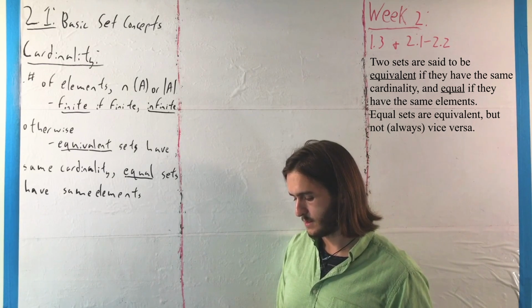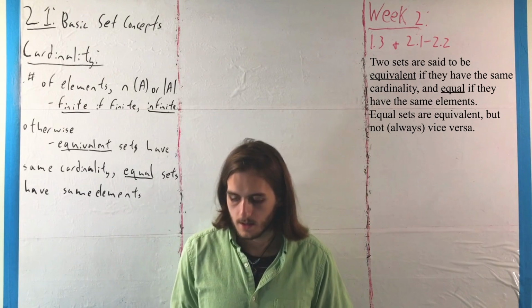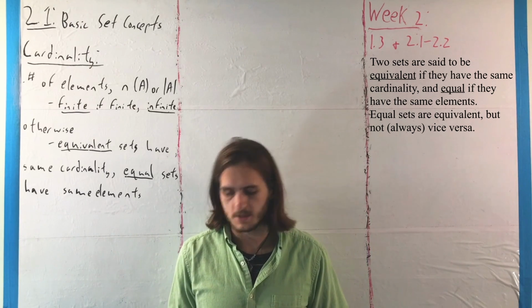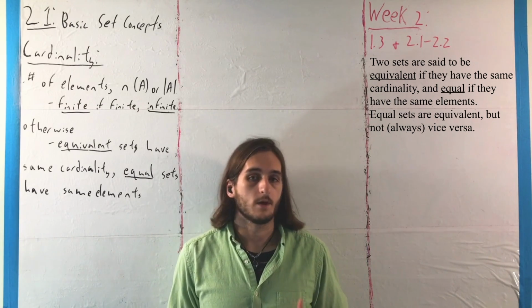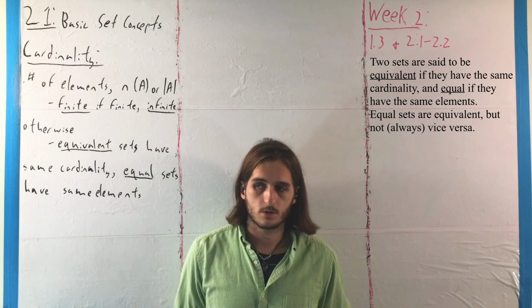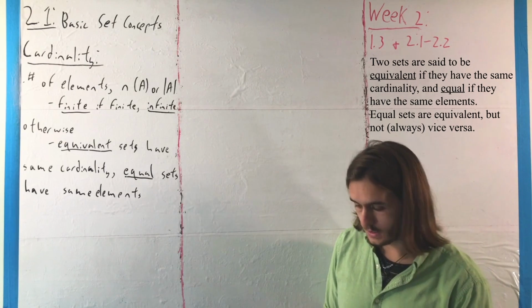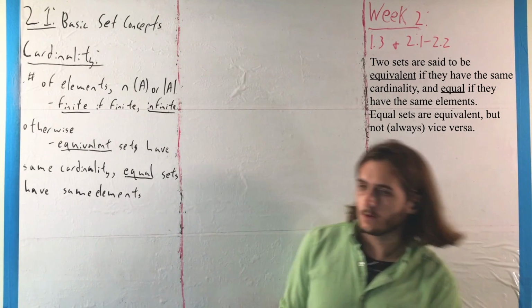Something like that set A from earlier, 5, 6, 7, 8, 9, along with the other set that we defined earlier, I can't remember its name, with the days of the week, Monday, Tuesday, Wednesday, Thursday, Friday, would both have cardinality 5, so we could say that they are equivalent.